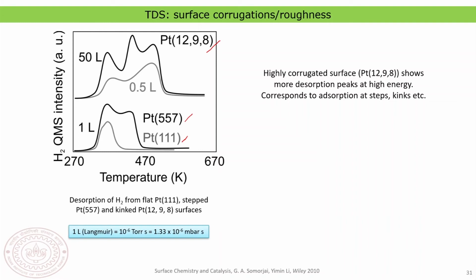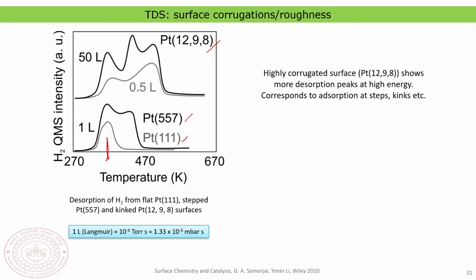Now, something interesting that you definitely notice is that for the platinum 111 surface, you only find one particular peak for the desorption of hydrogen, which means that the adsorption sites of all the hydrogen atoms are kind of similar.